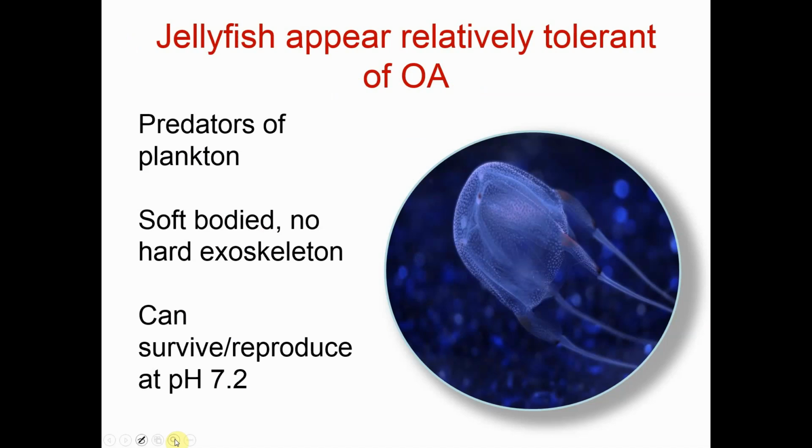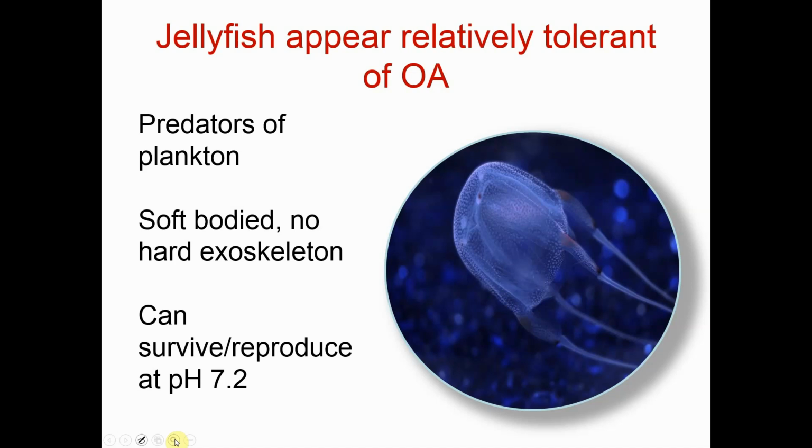Crucially, jellyfish that are present in the ocean appear relatively tolerant of ocean acidification. They don't seem to get affected by ocean acidification really at all. And jellyfish are predators of plankton. Plankton are the small, tiny animals that float around in the oceans and provide food for pretty much the entire rest of the food chain. And jellyfish eat plankton a lot. Jellyfish are also soft-bodied.